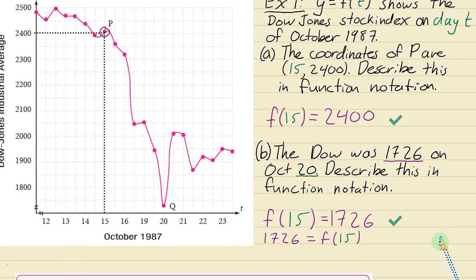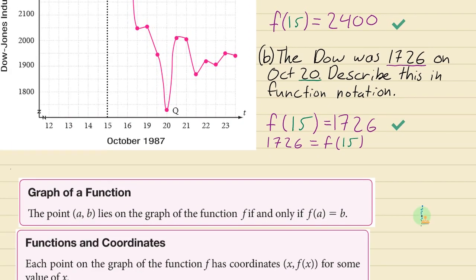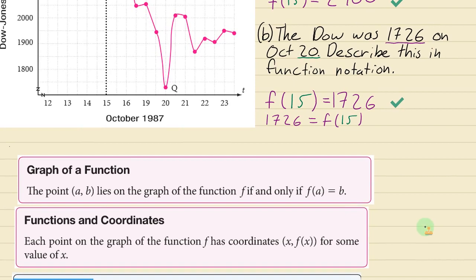Anyways, these are examples of the relationship between function notation and the graph of a function. So you've already in 5.1 looked at function notation and using it with equations and using it with tables. This section just focuses on the relationship between function notation and graphs. So there's two ways of looking at it. If you have a point (a, b), remember that means x equals a and y equals b.